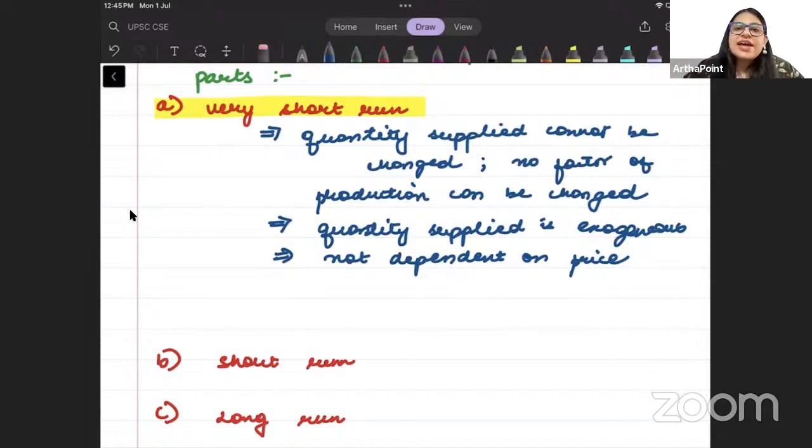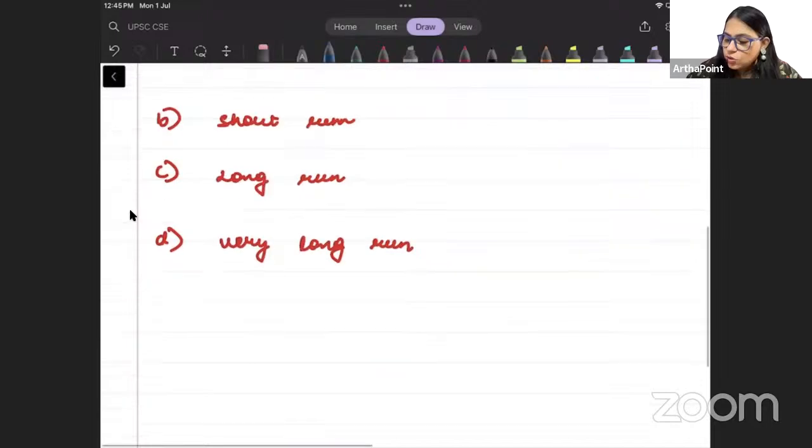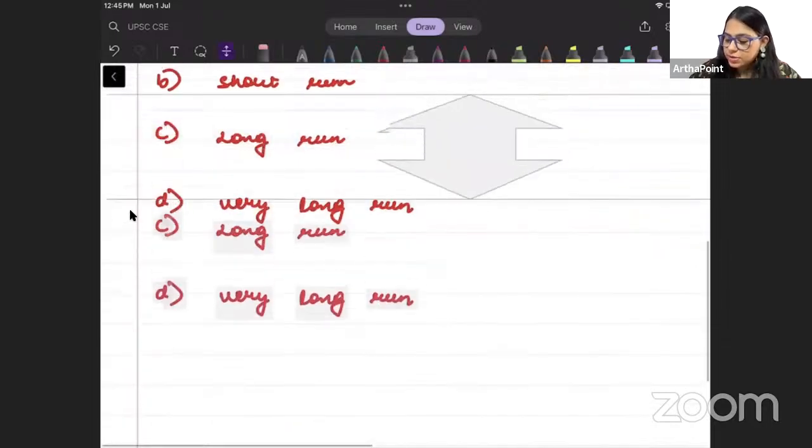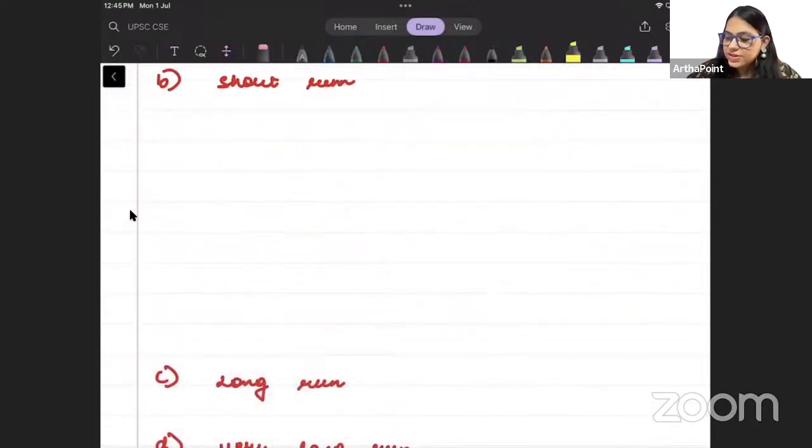And the factors that I can change are called variable inputs. So let's define the short run period. Short run period will be that period in which I can change the variable inputs.